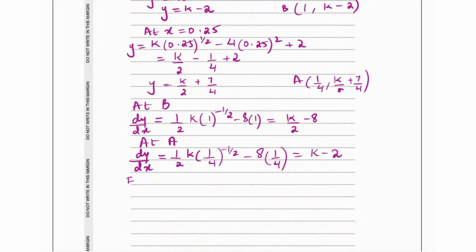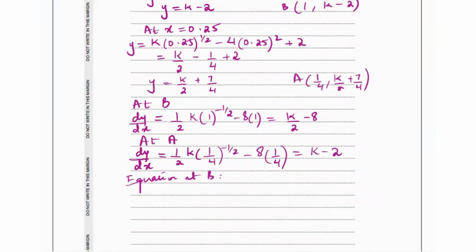So now the equation at B is going to be y minus (k minus 2) equals the gradient, which is k over 2 minus 8, times x minus 1.